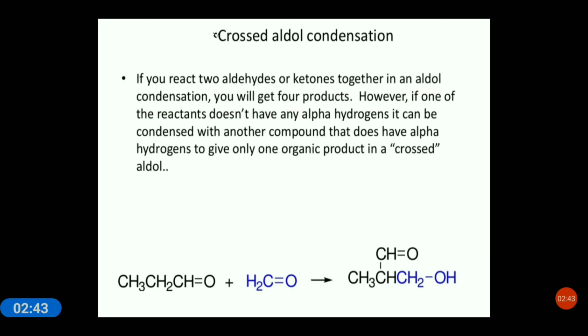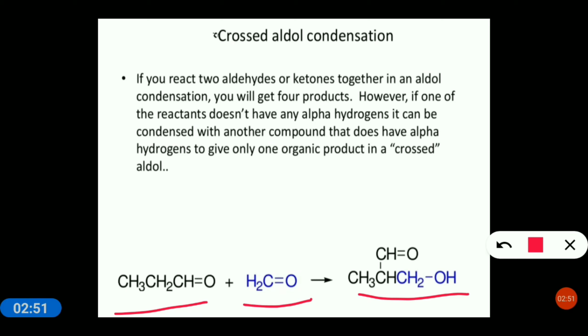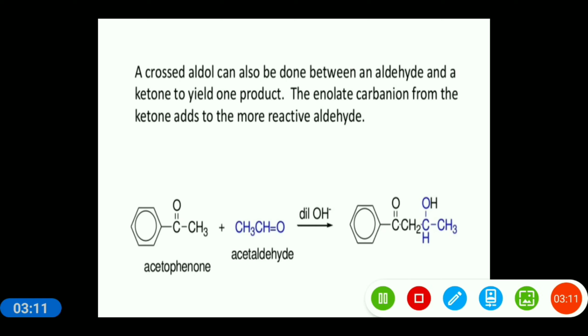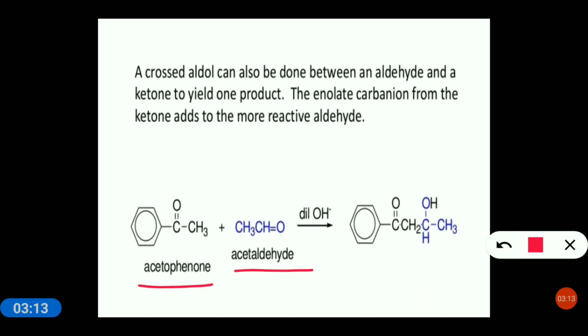Here you can see propanol and methanol. It will give rise to the product known as 3-hydroxy-2-methyl propanol. Crossed aldol can also be done between an aldehyde and a ketone, one molecule of aldehyde and one molecule of ketone.